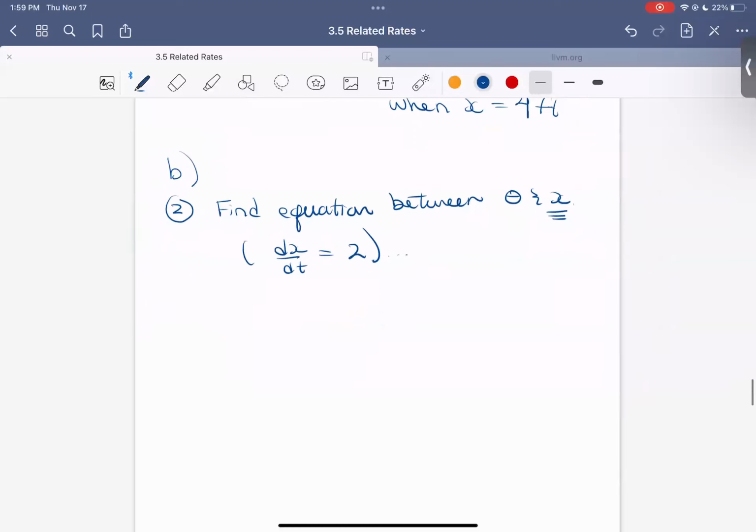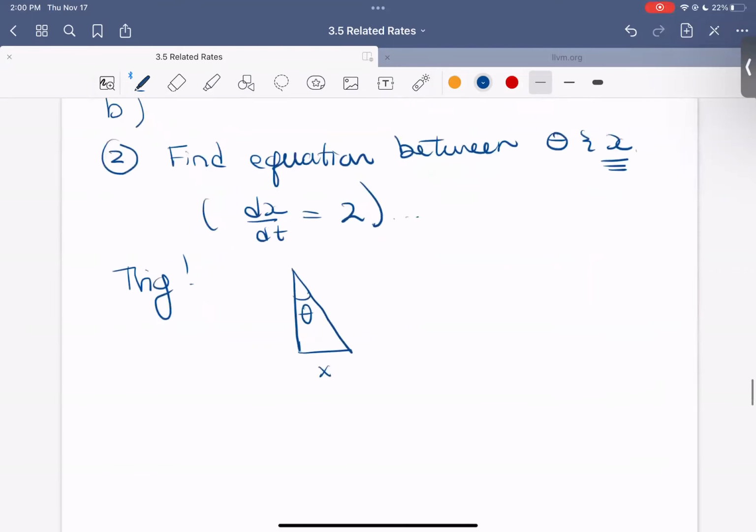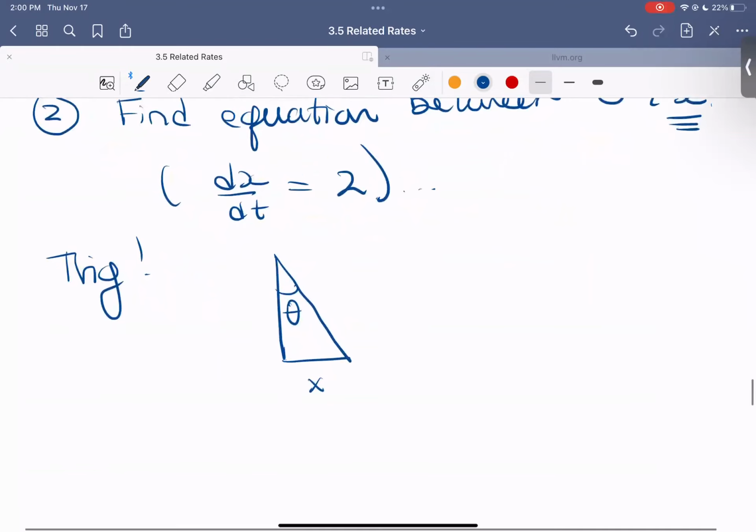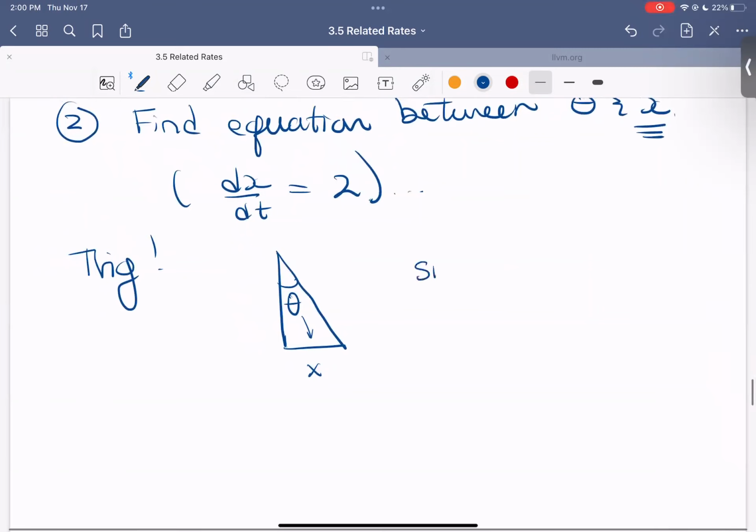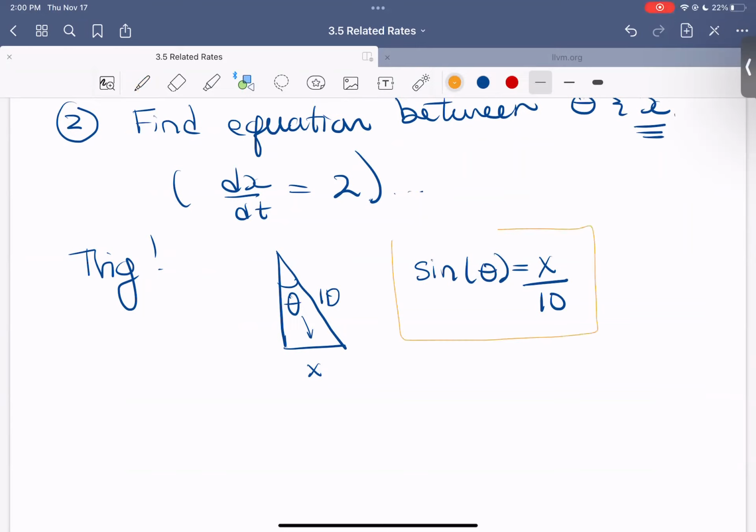But we can use some trigonometry. So our image here has x and theta. How are x and theta related using trig? Well, x is the opposite side to theta. So we have that sine of theta is equal to x over 10, opposite over hypotenuse, since our hypotenuse here is 10. So here is our equation that relates theta and x.